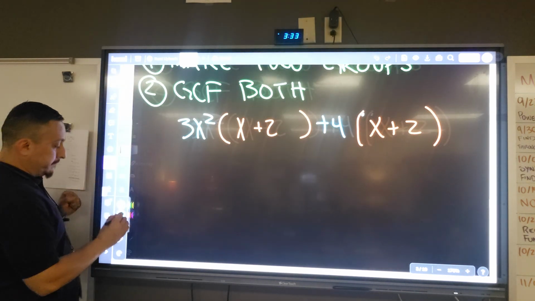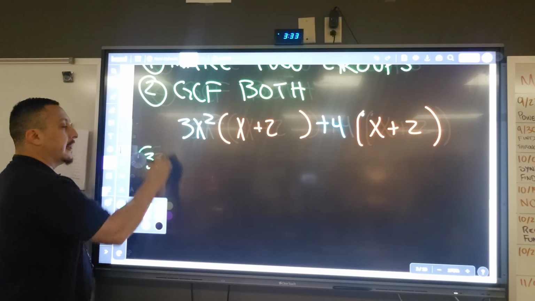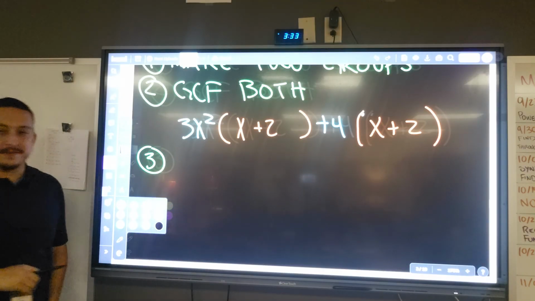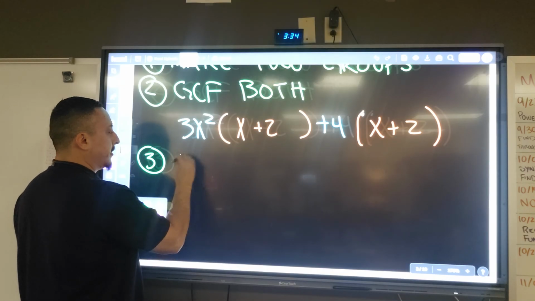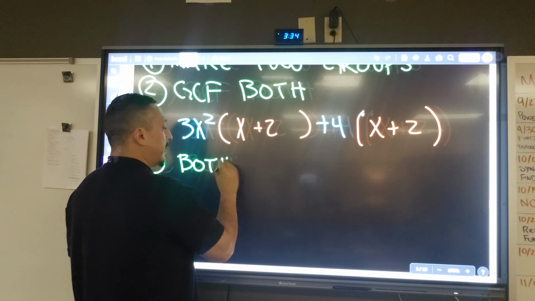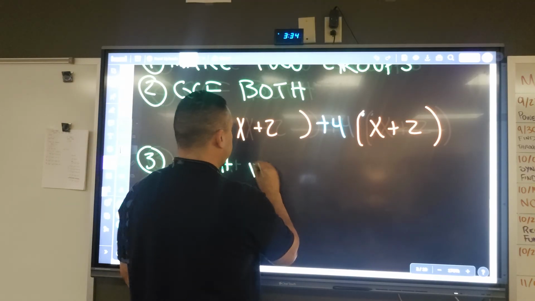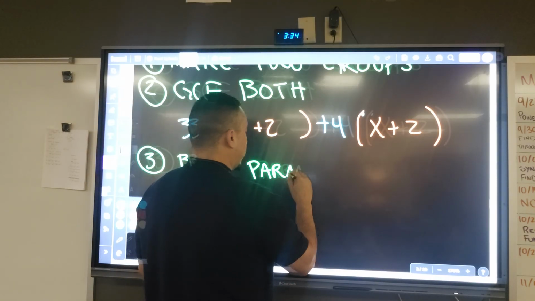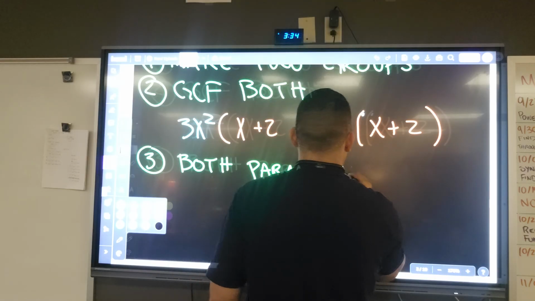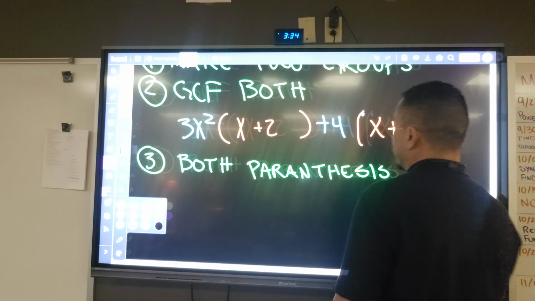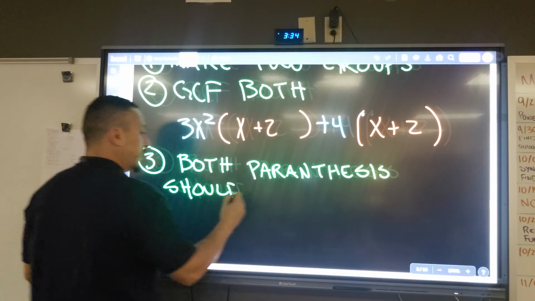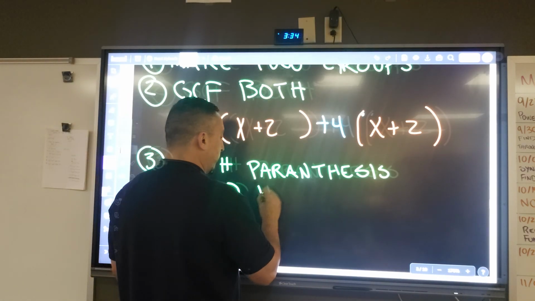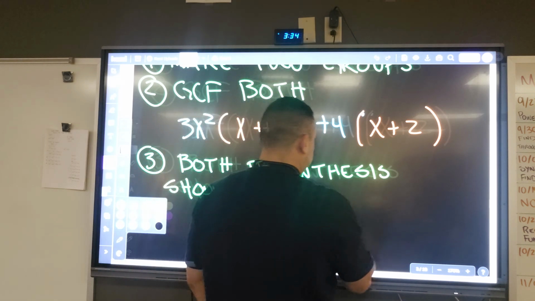Okay, step 3. And these are completely unofficial steps. This is how I do it. Both parentheses should be identical.